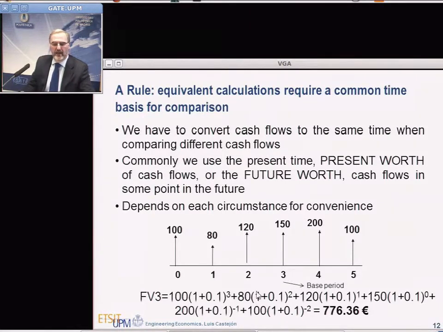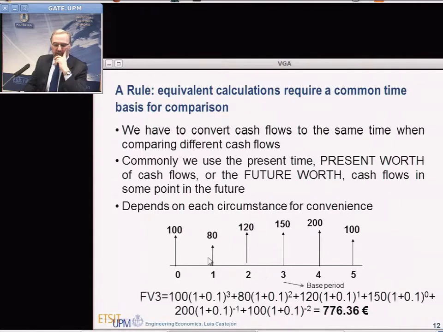So what we are going to see in this example is that if we want to know the future value or the amount of value of those cash flows from year 0, year 1, year 2, year 3, year 4, year 5, you can move all the cash flows to one period, and we want to know how much worth are those cash flows for year 3. So I'm going to move all the cash flows to the base period, year 3.